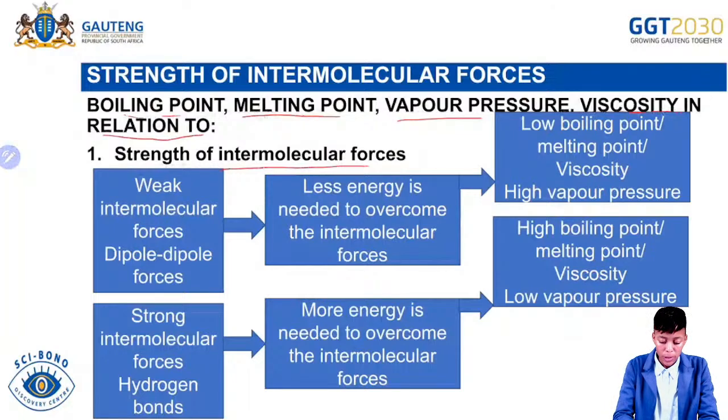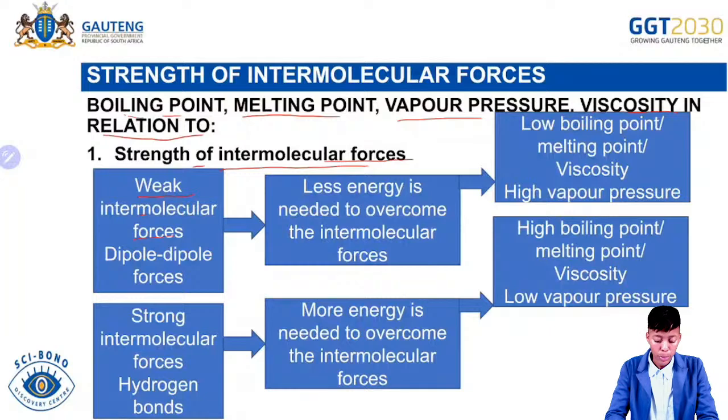In terms of the strength of the intermolecular forces, if you have weak intermolecular forces, for example dipole forces, under which we have your Hague, it means that less energy is required to overcome the intermolecular forces.